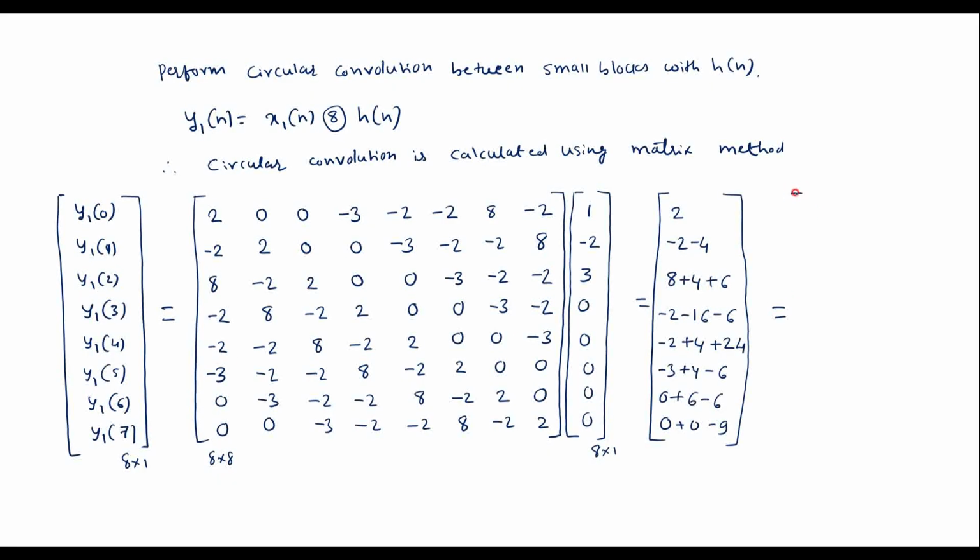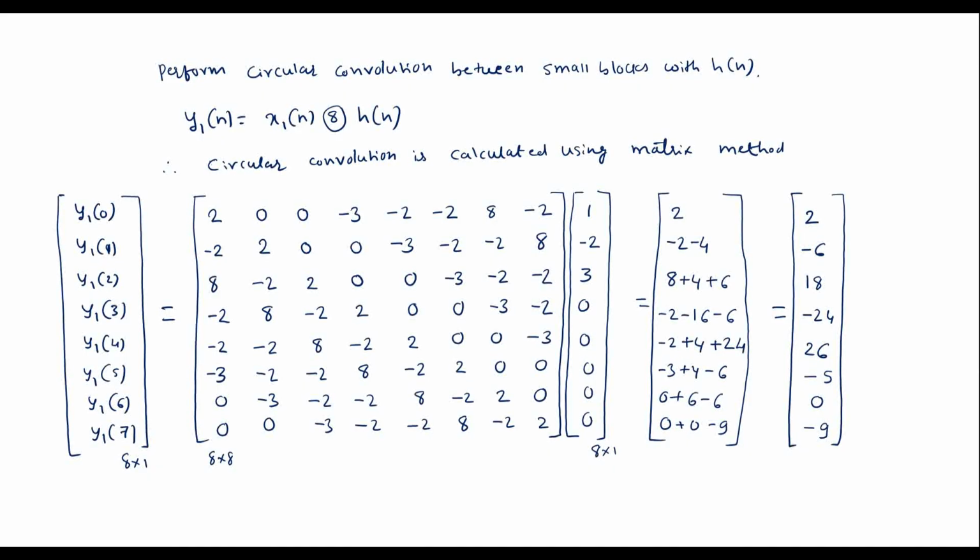So now simplifying this, I'll get y of n as this is 2, this is minus 6, 18, minus 24, 26, minus 5, this is 0, minus 9. So this is y1 of n sequence.